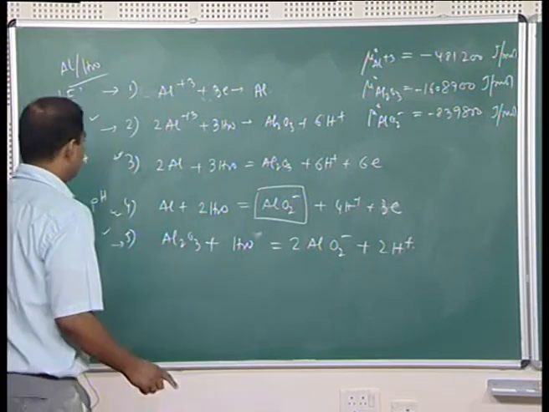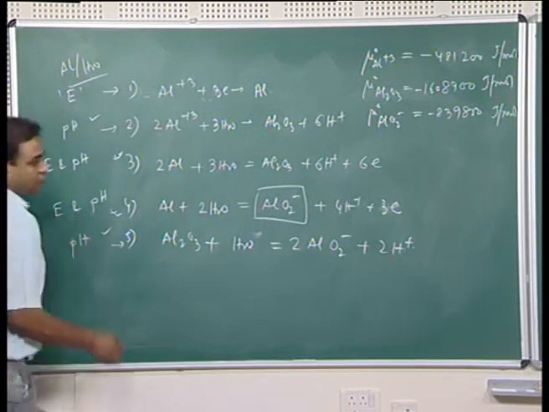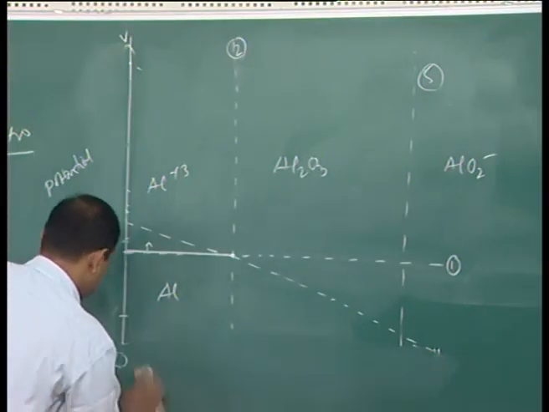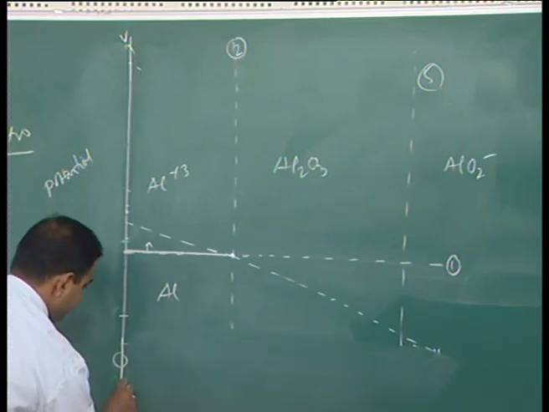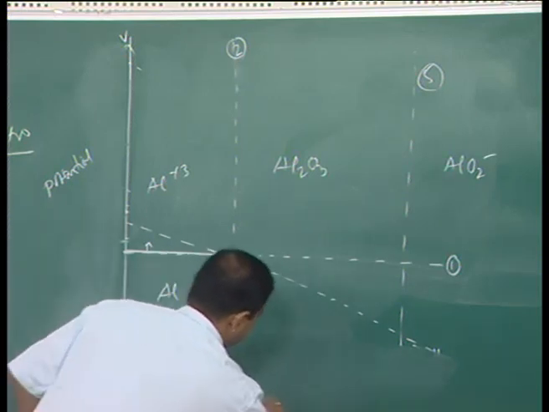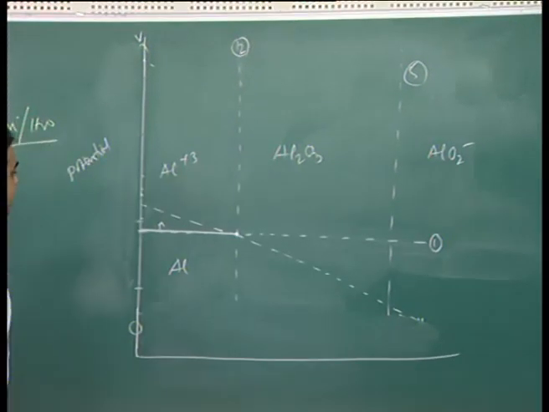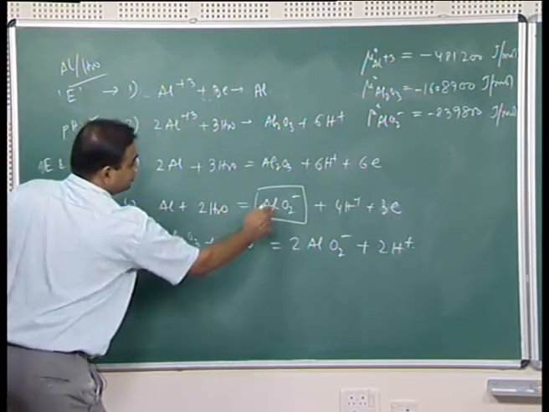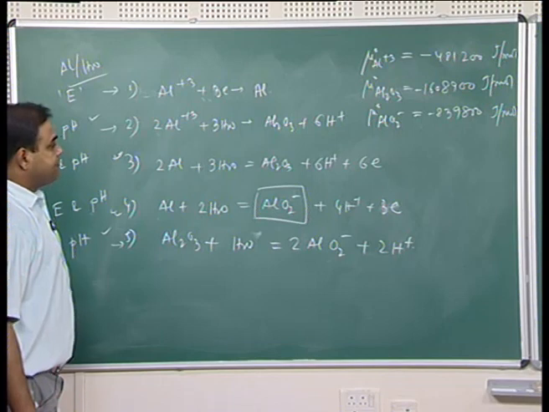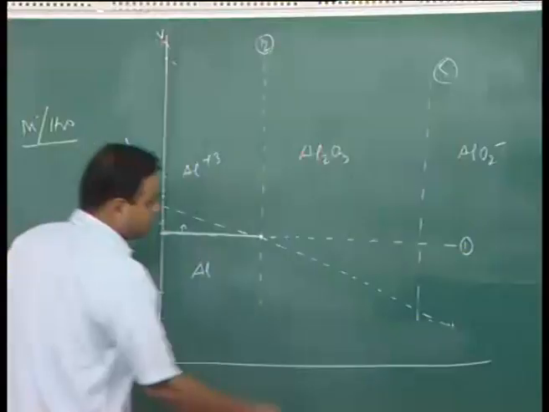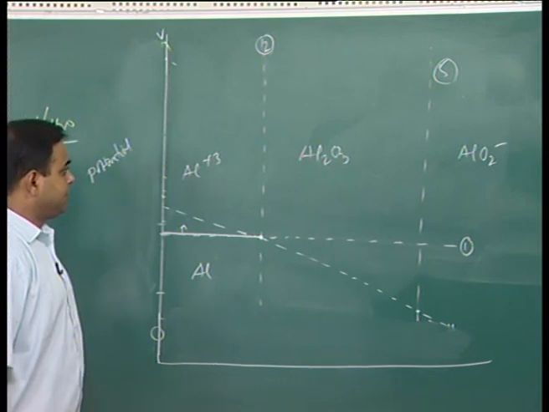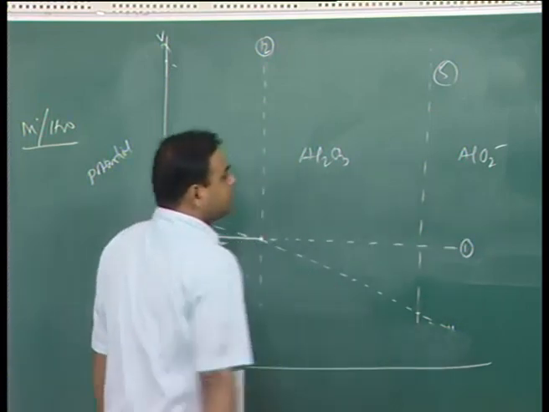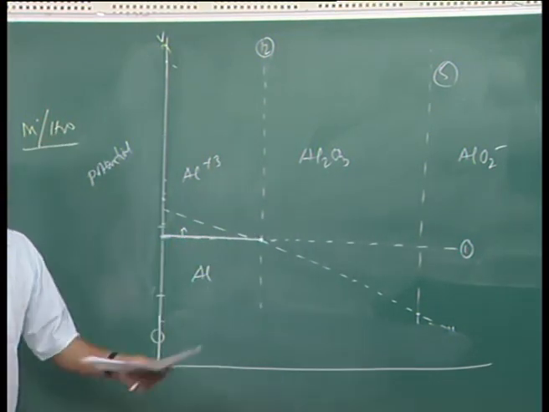Now, similarly we can also have this relation, which again let me take a little down, this axis. Now, again this is the equilibrium between Al and AlO2 minus. So, that means this line should start from this point, because on the right side of this line we will have the existence of AlO2 minus.